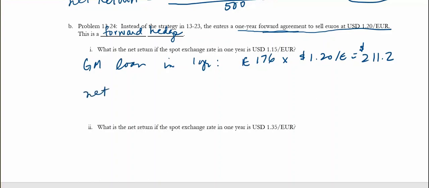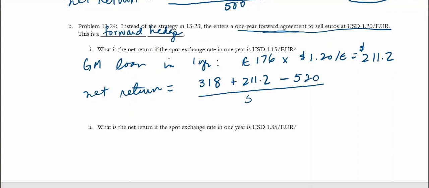Then we'd have a net return of 318 from the US loan, 211.2 from the German loan, minus 520 owed to the US depositors, over the original amount of 500, giving us a return of 1.84%. And that would be the return regardless of what the spot rate happens to be.